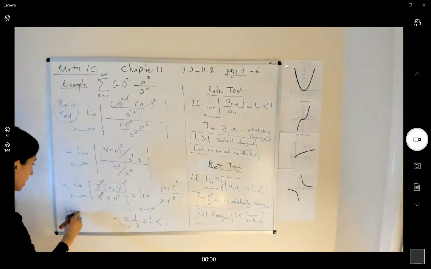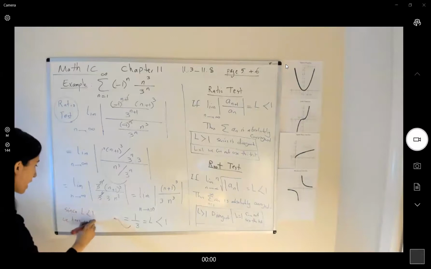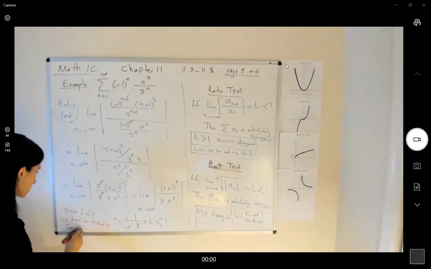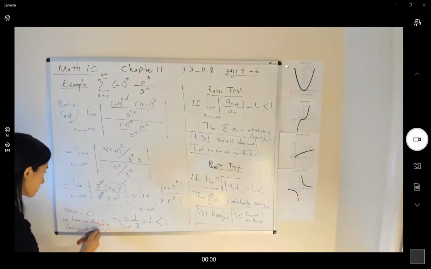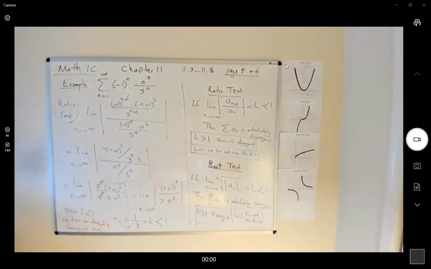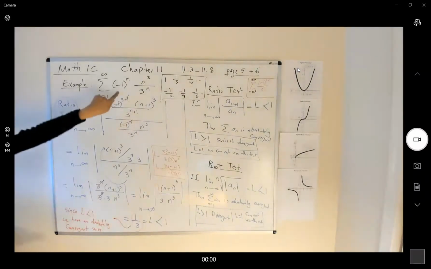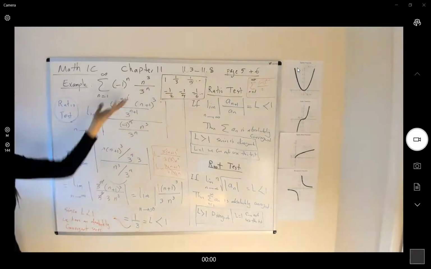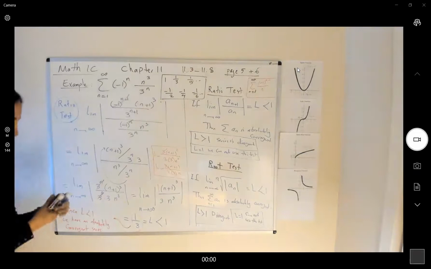Since L is less than 1, we have an absolutely convergent series. So, since your series is absolutely convergent, with the previous theorem you can say that I have a convergent series.